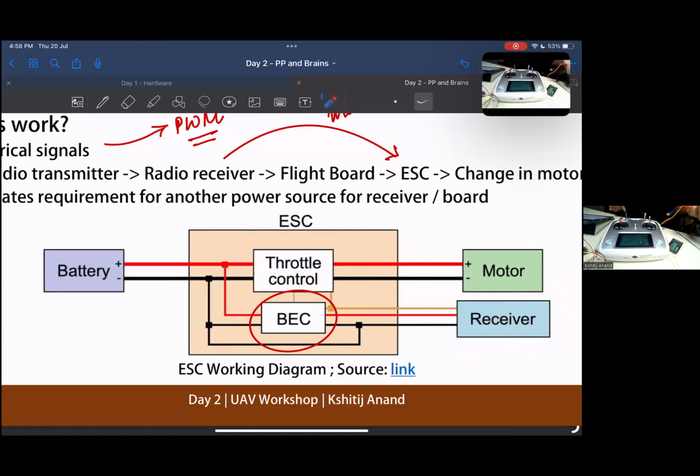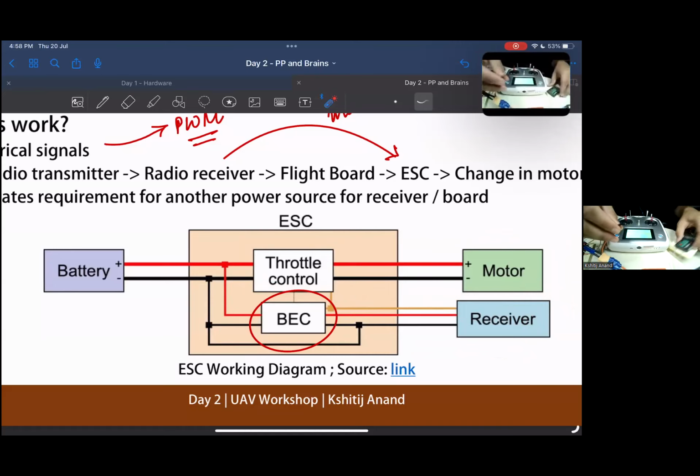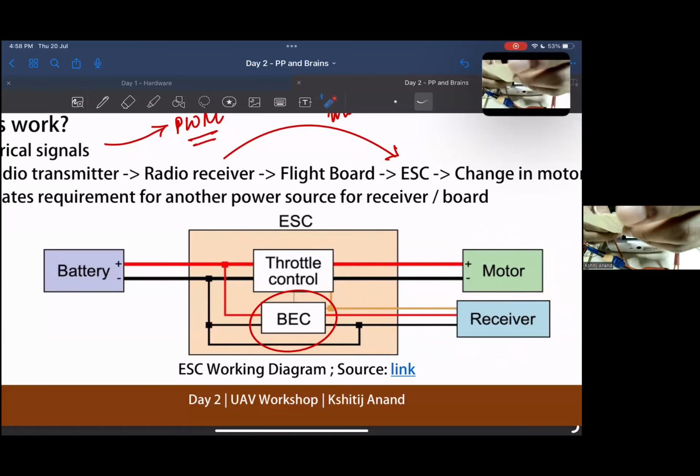Now I am going to simply connect the battery with the ESC, and you won't hear anything. That was a false press. Now I am going to connect this into the channel dedicated for power.